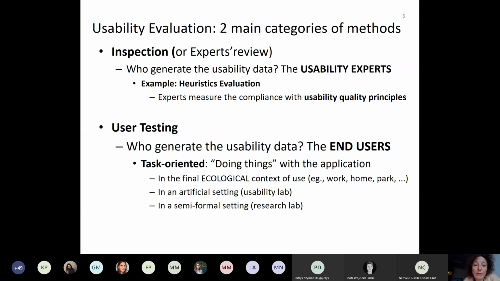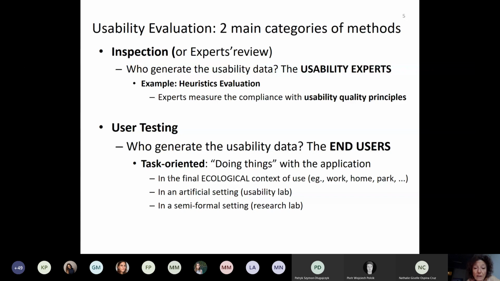The most typical inspection method, but not the only one, is called heuristic evaluation, in which the experts have a set of quality principles called heuristics, and they measure the compliance of the application with respect to these heuristics.